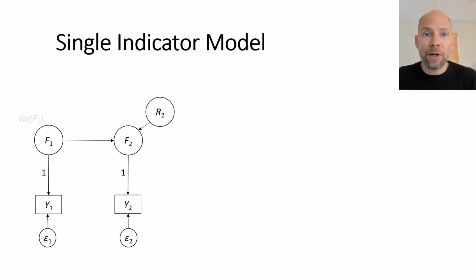And so in this model, we would want to estimate the variance of the first factor, the path coefficient or regression slope coefficient for the linear regression, in this case of F2 on F1, and then also the residual variance for the residual R2, because F2 is explained in the model, so it has no variance parameter, but it has a residual variance parameter. And then in addition to that, we also have for the measurement portion the 2 epsilon measurement error variances that we need to estimate.